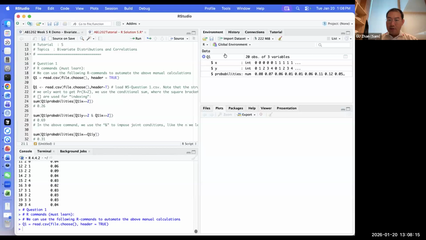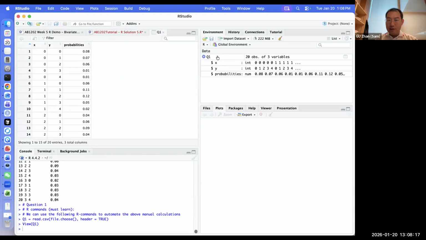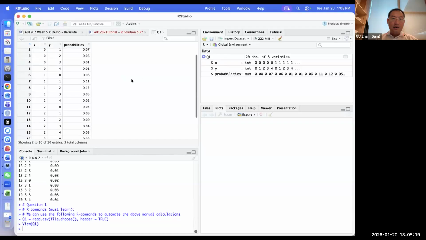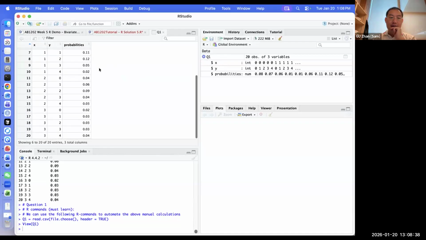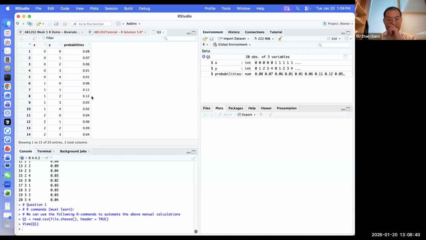Let's click it, and a new window opens. So X value, Y value, and probability. That means the X random variable takes value 0 and the Y random variable takes 0. Then the joint probability is 0.088. You have 20 rows, you add the probabilities together, you have 1.